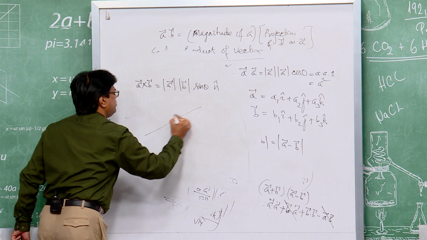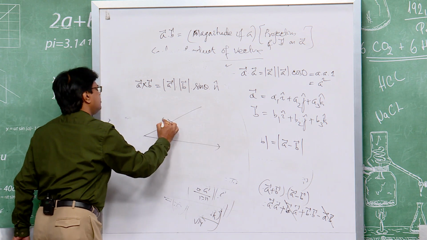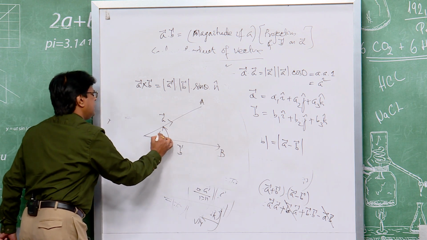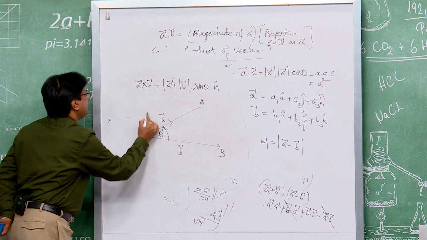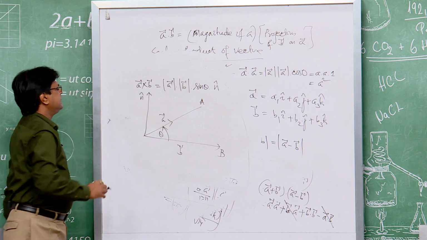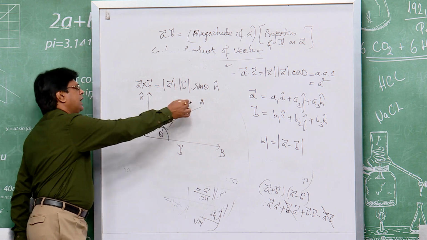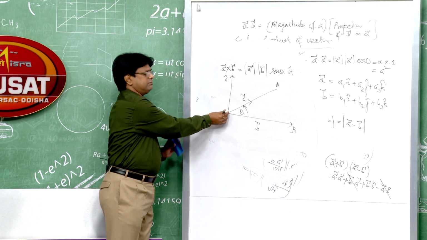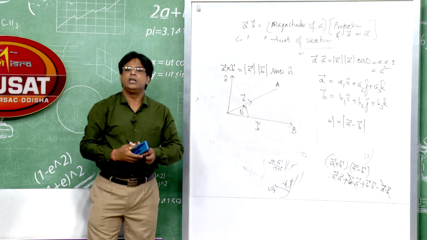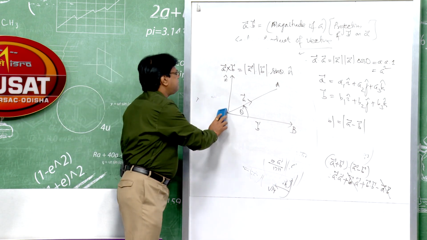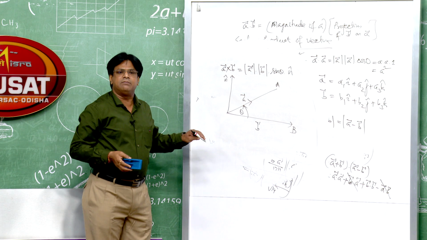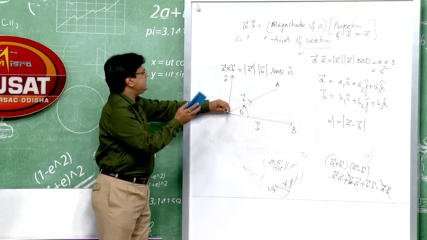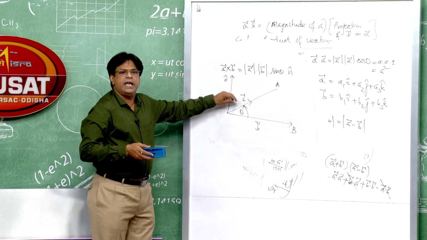Suppose this is your A vector, this is your B vector, this is the angle theta, and this is n cap, perpendicular to both. Because this whiteboard is a two dimensional object, if this is the A vector, this is the B vector, and the angle between them is theta, then this pen is your n cap. This pen is acting as the perpendicular to both A and B.